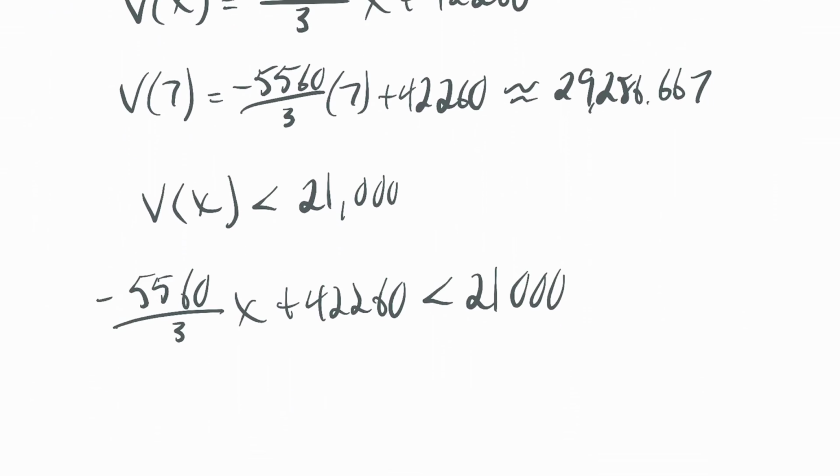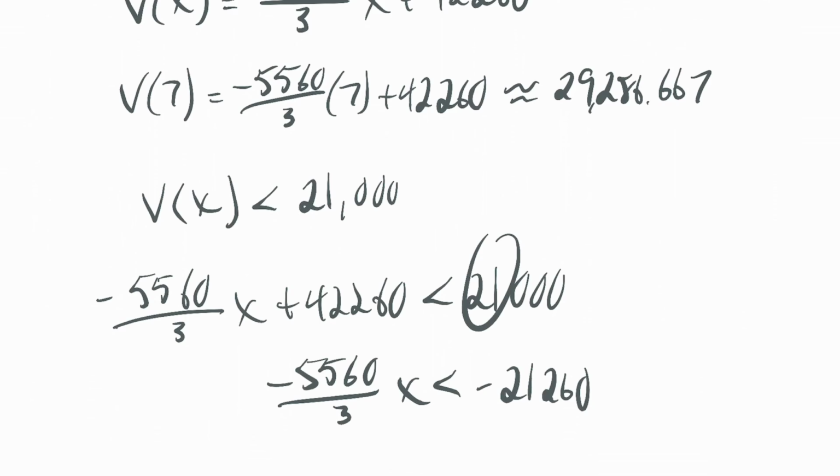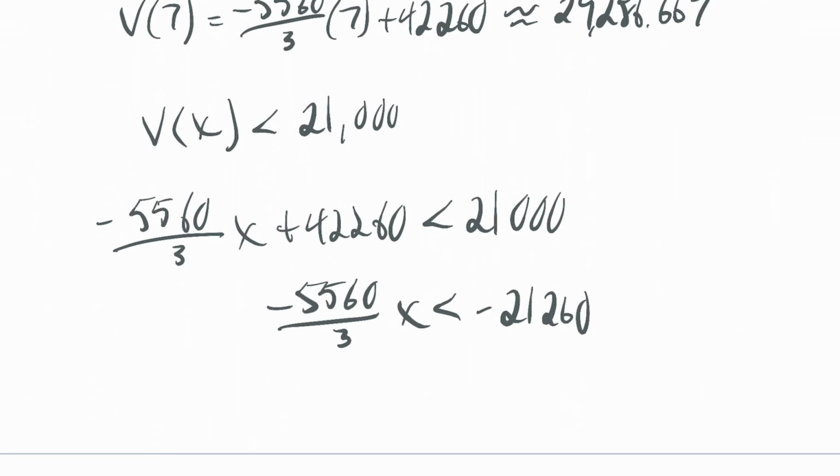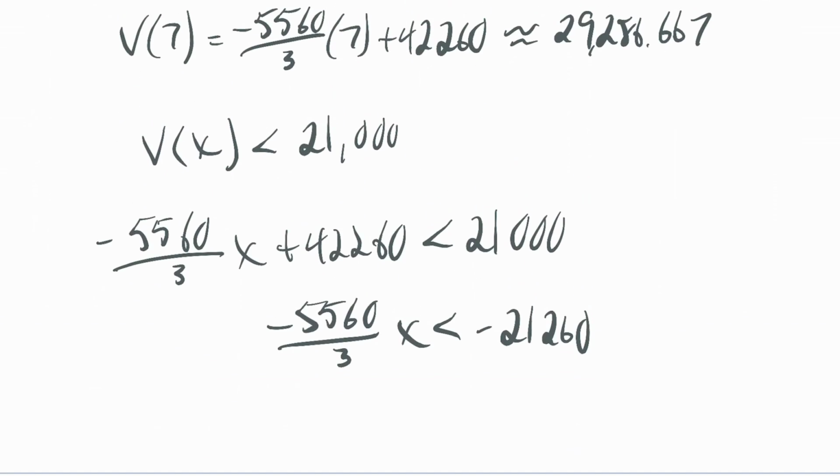I'll subtract 42,260 on both sides, so negative 5560 over 3 times x is less than negative 21,260. I'm confident doing this mentally just because 42 is 2 times 21. I got lucky there. I didn't choose this number intentionally to make it easy. Then I can multiply both sides by 3.